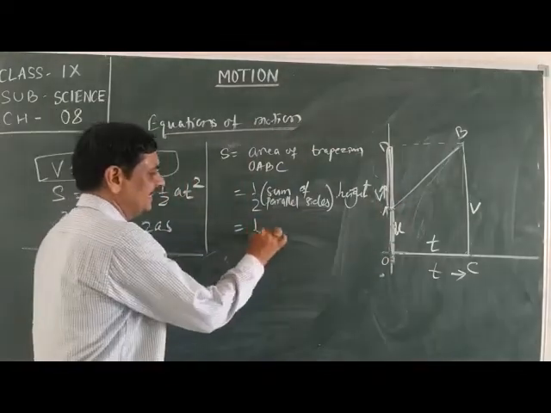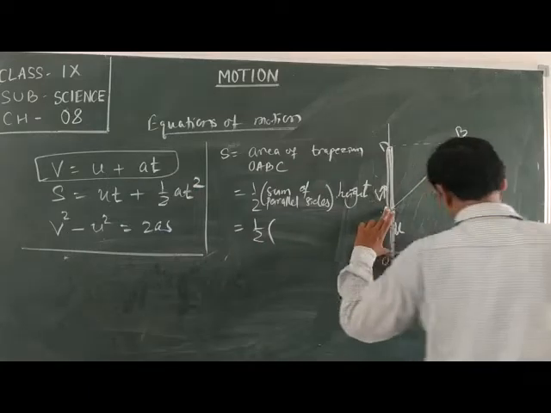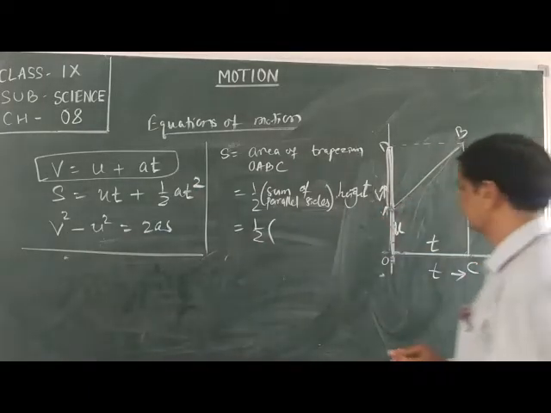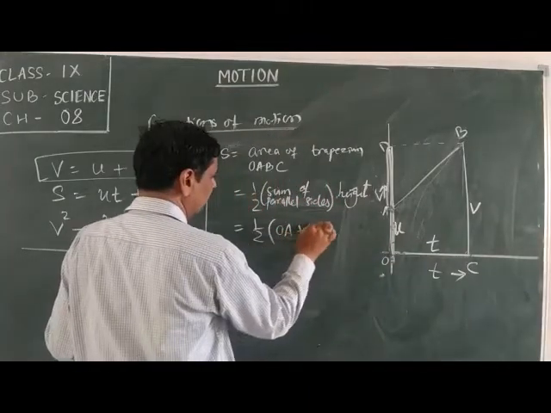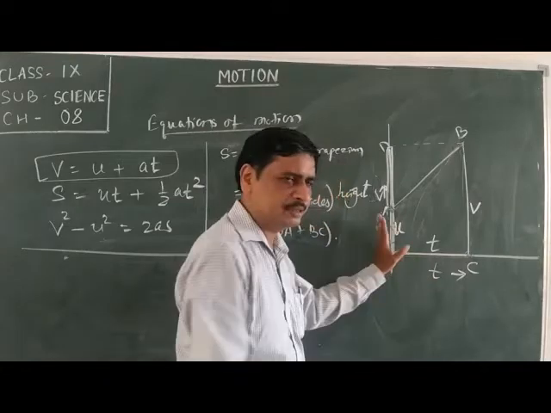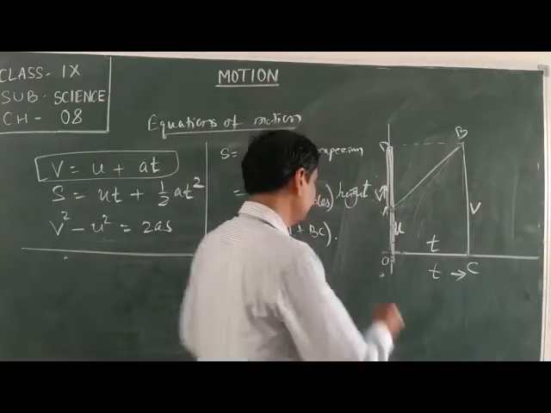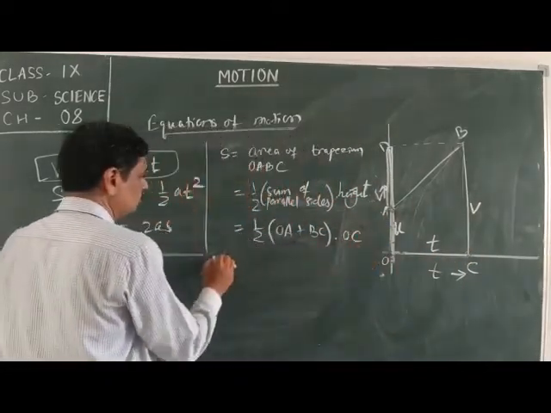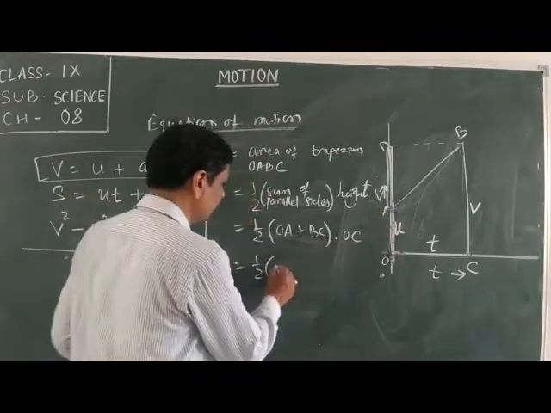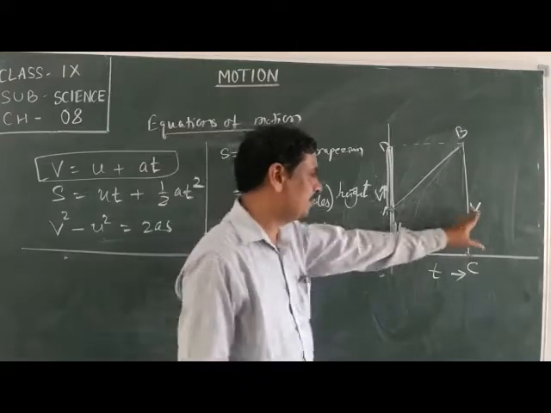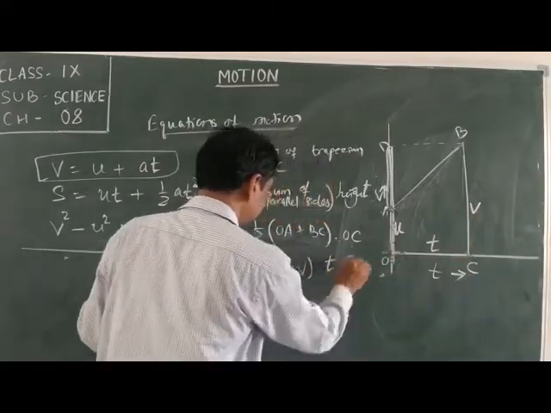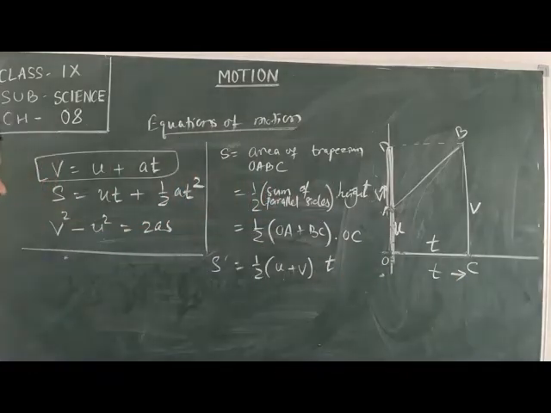Here, the parallel sides are OA and BC, and the height is the perpendicular distance between the parallel sides, that is OC. So s is equal to half into OA plus BC into OC. OA is u, BC is v, and OC is t.